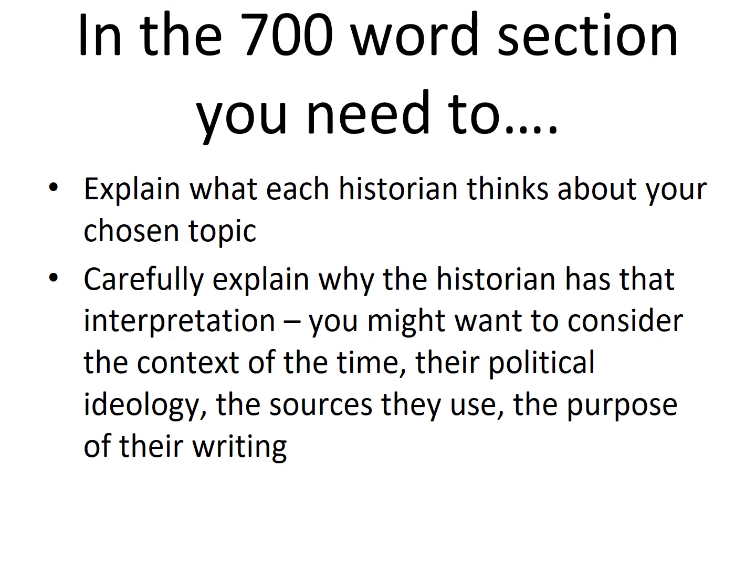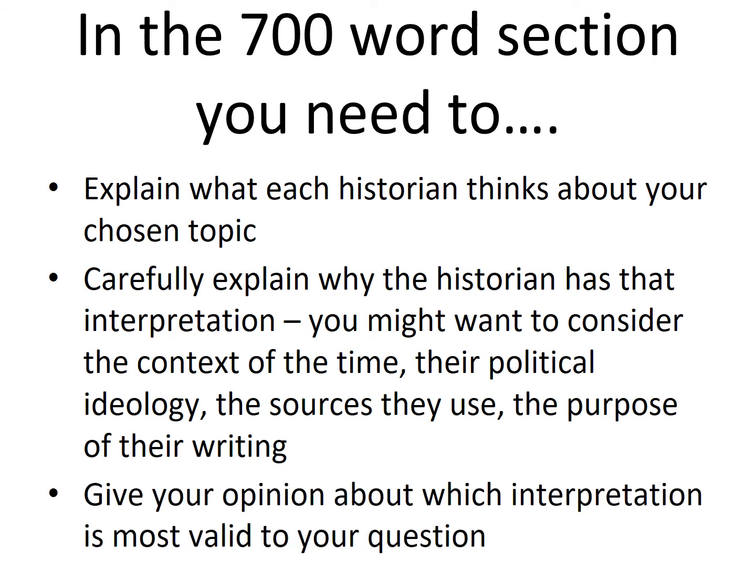That is key. And then lastly, in that 700-word section, you give your opinion about which historian or which interpretation you think is most valid to your question. Really importantly, I've said to your question, not necessarily to you, but which historian's interpretation helps answer the question the best, do you think.